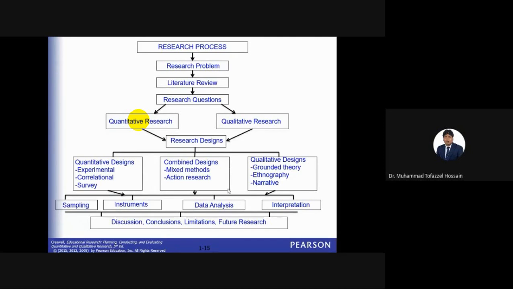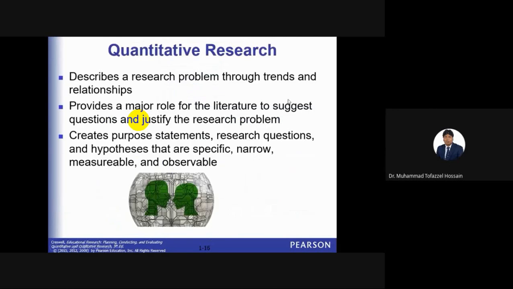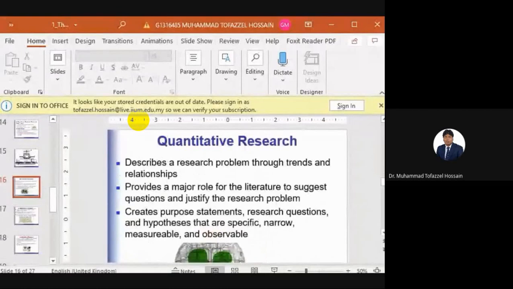Okay, then what's the next? Quantitative research. So what is quantitative research? Sharifa, can you read? Quantitative research describes a research problem through trends and relationships, provides a major role for the literature to suggest questions and justify the research problem, creates purpose statements, research questions, and hypotheses that are specific, narrow, measurable, and observable.